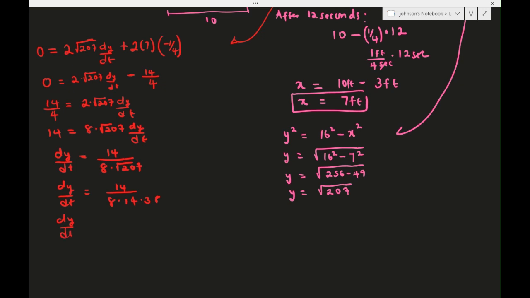So we have dy/dt around 14 over 8 times 14.38, multiplication here, and this should be around 115.099. Okay, so roughly, let's see what we got.